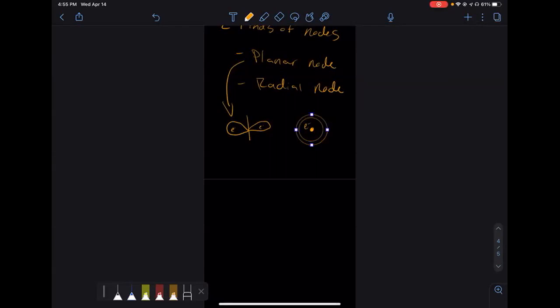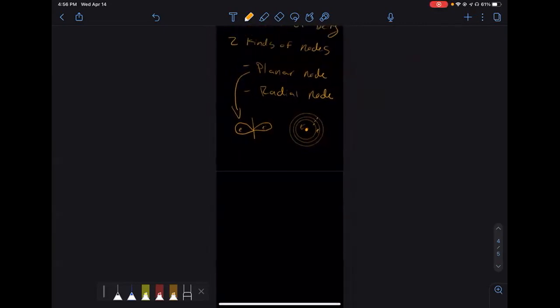Where this line is right here represents zero probability of finding electrons. They'll be found out here, and they'll be found inside, but in between, they'll never be found. And between the next one, every line right here, and right here, each one of those lines represents where you're never going to be able to find electrons.